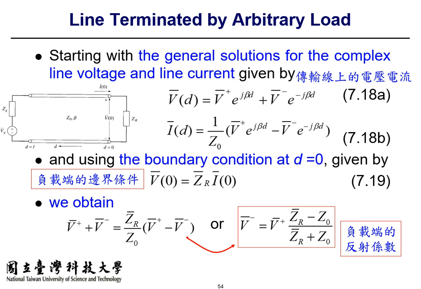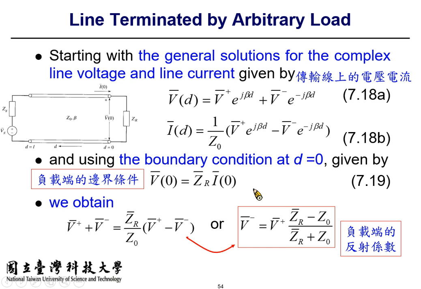And what is the boundary condition? Now the boundary condition is the relationship of voltage over current, which means at d equal to 0, the voltage must be Z_R times the current on the line. So if the load is purely resistive, then V and I will be in phase.